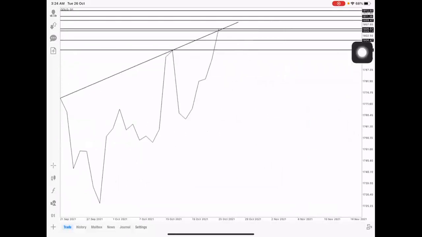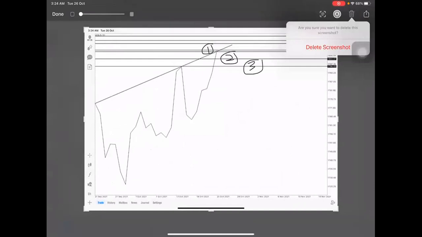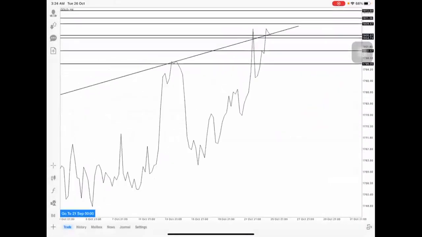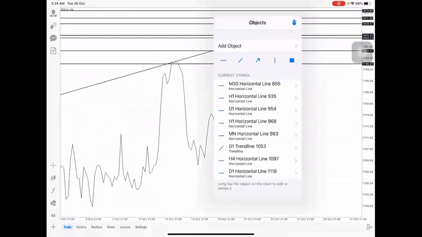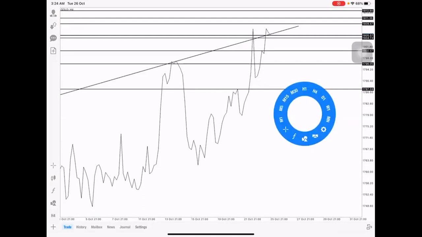So first TP, second TP, third TP. Another one, I think here, daily.